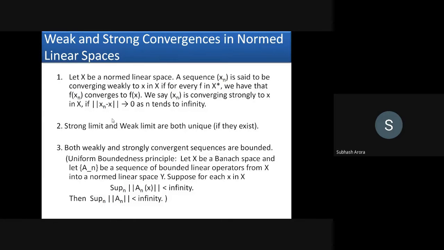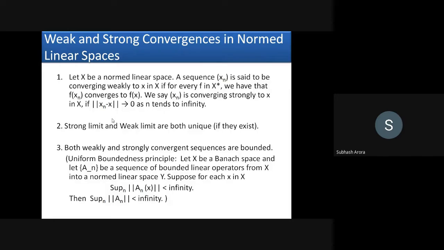It means the norm of xn is less than or equal to the norm of xn minus x plus the norm of x. That means the norm of xn is less than 1 plus the norm of x for all n greater than or equal to m. If we choose k to be the maximum of the norms of x1, x2, up to x(m minus 1), and 1 plus the norm of x, then the norm of xn is less than or equal to k for all n.